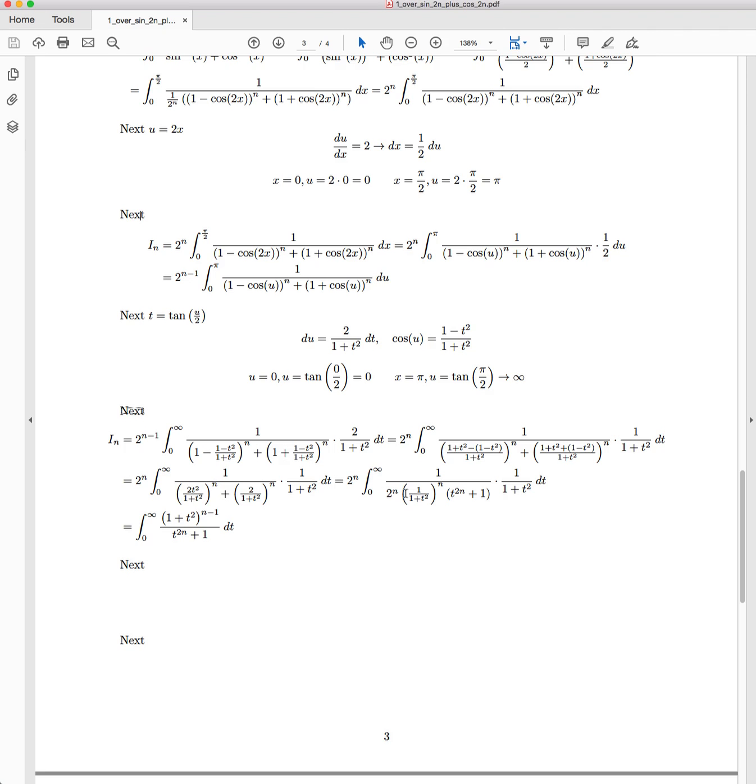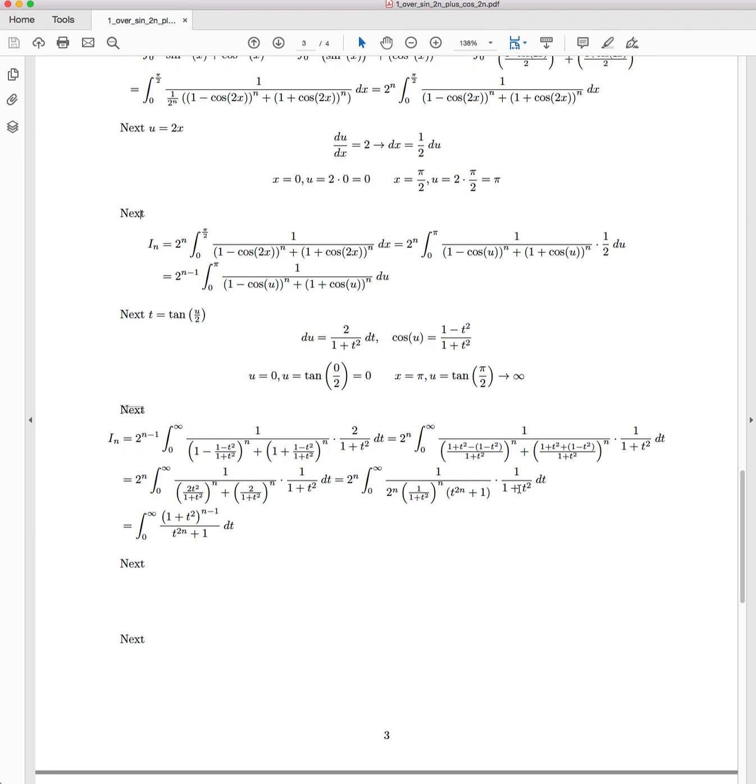So drawing that out the front, we have 2 to the power of n, 1 over 1 plus t squared to the power of n, and then what's left over is what we have within here. So t to the power of 2 times n. So that's where the t to the 2n comes from. And then over here, we've just got a 1 because we've drawn the whole thing out. So we just have t to the power of 2n plus 1. And then again, we still have this term from before, 1 over 1 plus t squared dt.